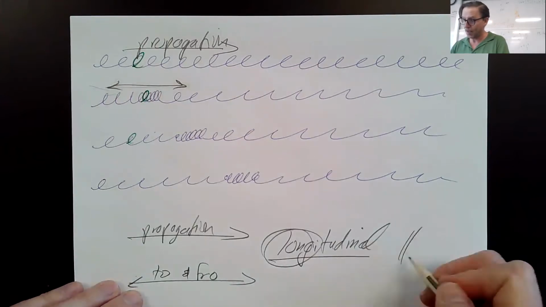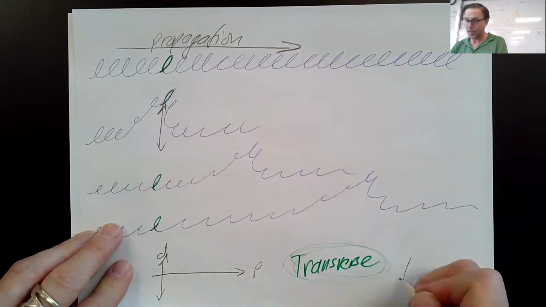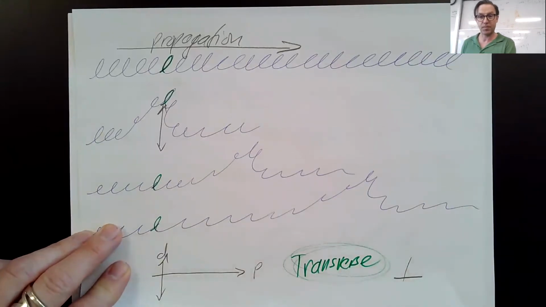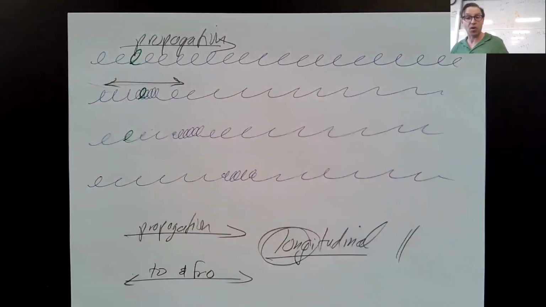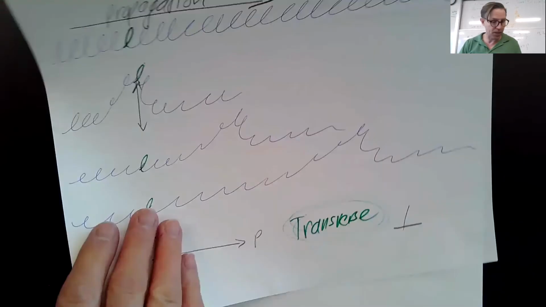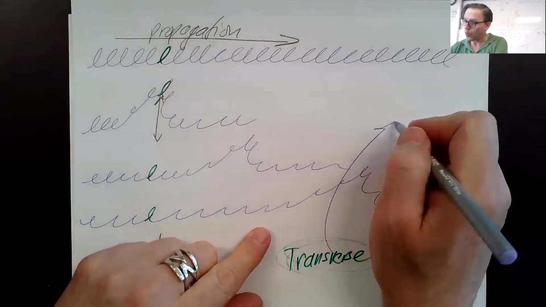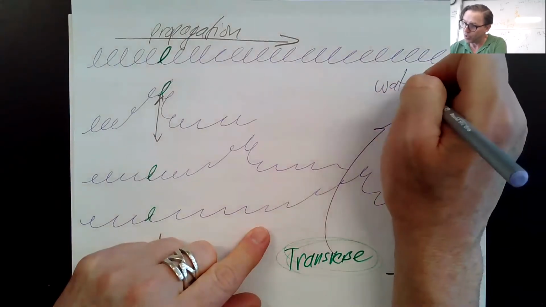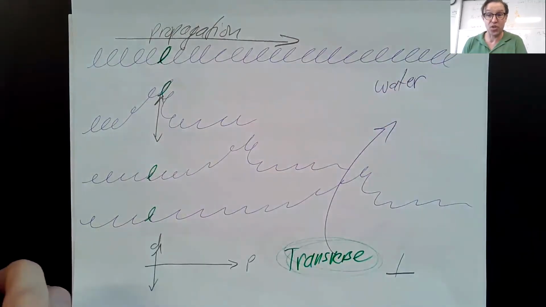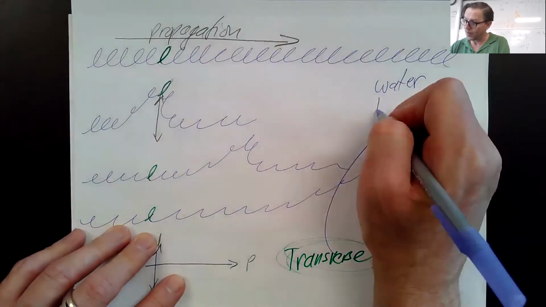Longitudinal waves have something that's parallel. Transverse waves have something that's perpendicular. And I demonstrated both of those for you with the slinky. There are some classic examples in the world of transverse waves. The water waves at the beach are transverse waves. And light waves.